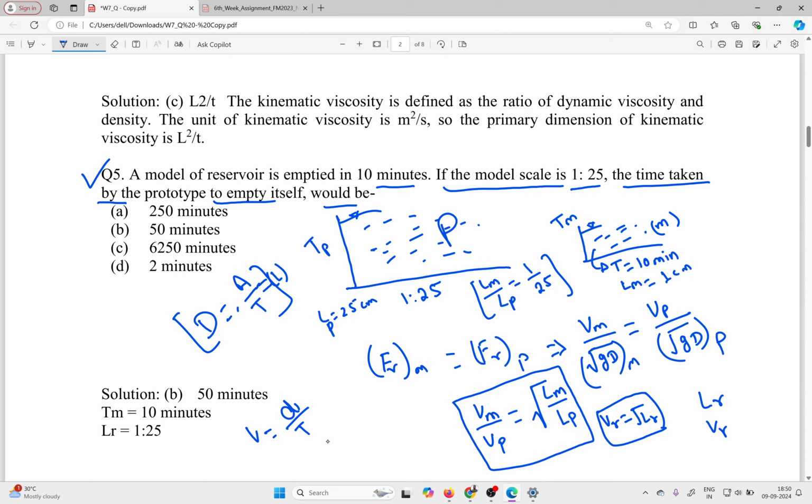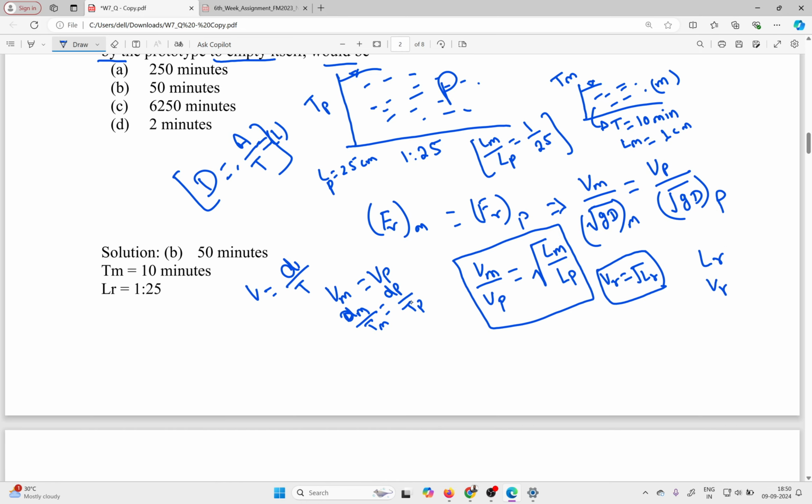So if I compare velocity of model equal to velocity of prototype, that is, small d of model by t of model equal to small d of prototype by t of prototype, from here you can write Lm by Lp, because d is related to length, equal to Tm by Tp.